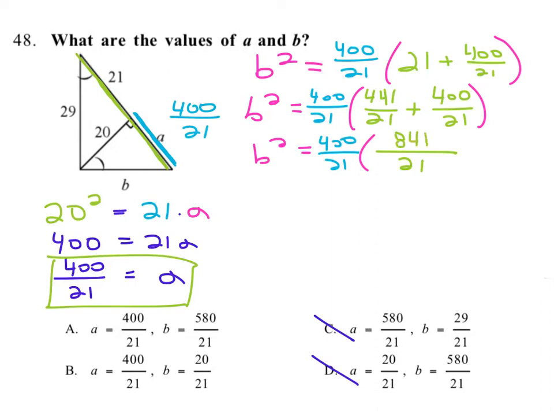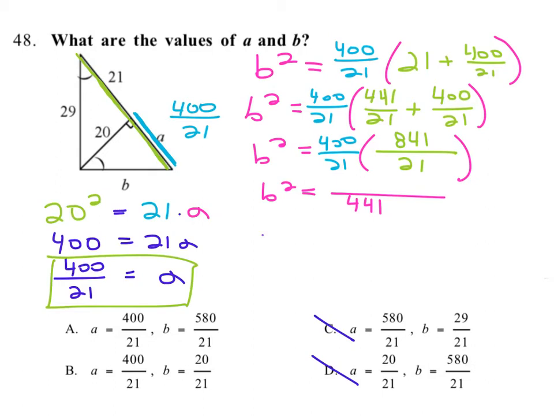It's 841. Okay, and then when we multiply together, we say b squared equals, on the bottom, 21 times 21, 441, over, on the bottom, and 400 times 841.